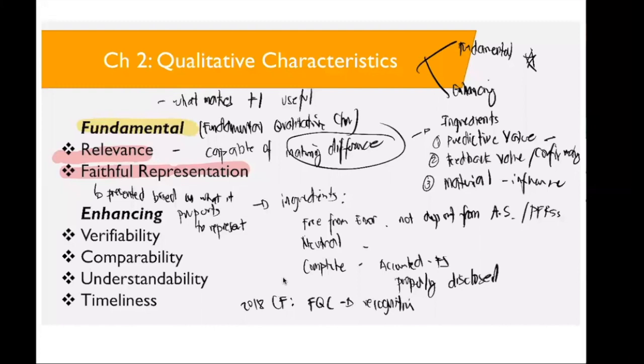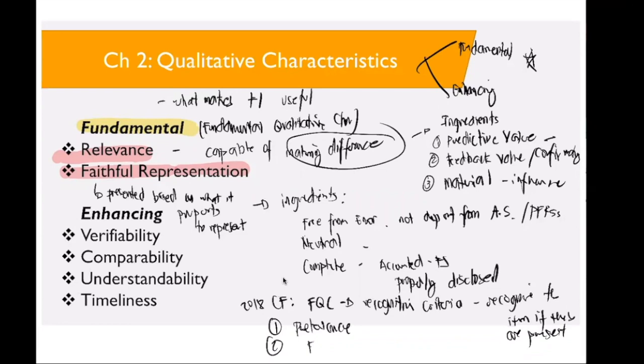What do we mean by recognition criteria? When we say recognition criteria, we will recognize the item if these are present. So what is the recognition criteria under the 2018 conceptual framework? That is relevance and faithful representation.